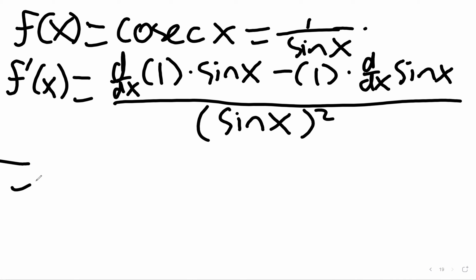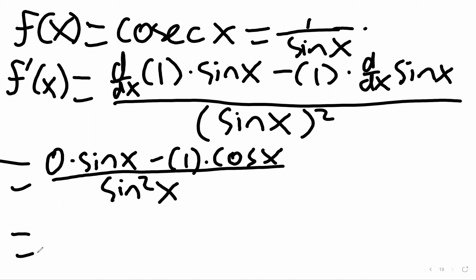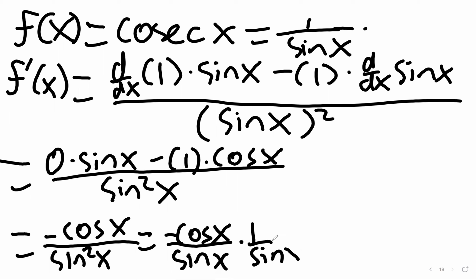The derivative of 1 is 0, 0 times sine of x minus 1 multiplied by the derivative of sine x, which is cosine of x, divided by sine x square. The numerator becomes minus cosine of x divided by sine square of x, which is minus cosine x divided by sine x multiplied by 1 over sine of x.